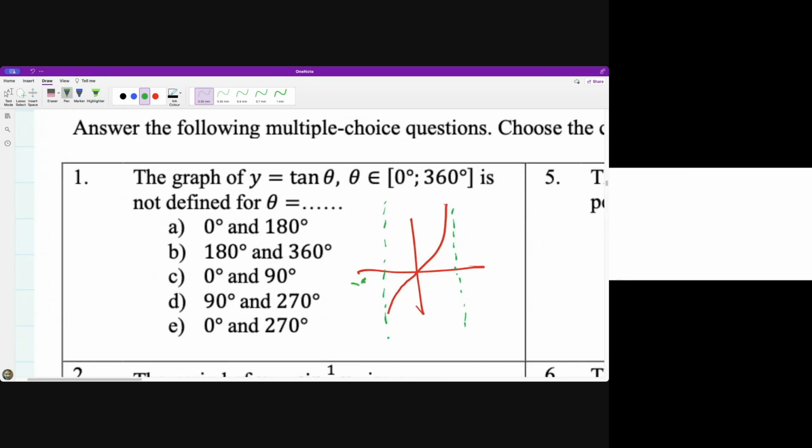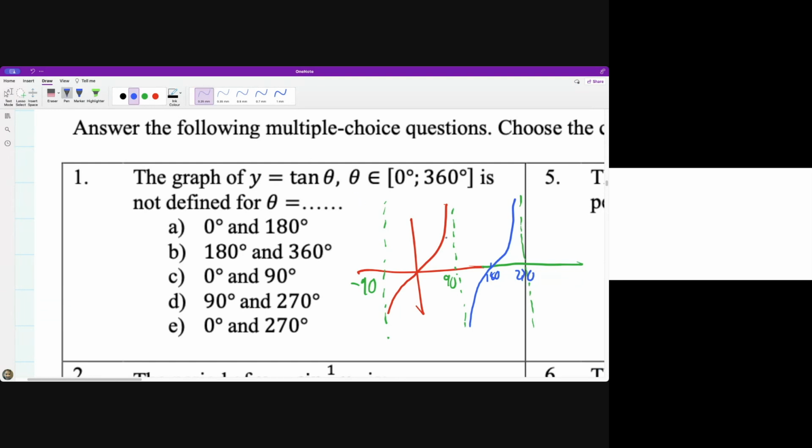I remember this being minus 90, that being 90, but now I don't see anything that matches that. So let's see if I can draw another tan graph. So when would the next undefined part happen? Oh, yes, I know what's happened.